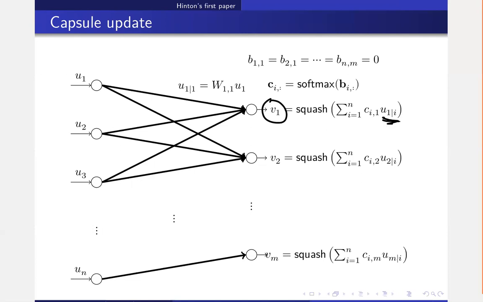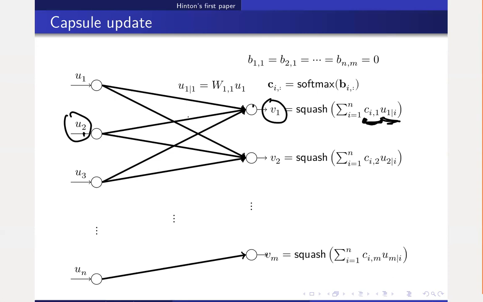It will be a weighted sum of U_1|i, weighted by c_i1, the routing weight. For example, c_21 will be the routing weight from child capsule 2 here to parent capsule 1 here. Initially, all these weights will be the same, c_i1 will be the same, because with no information we first assume they match equally.